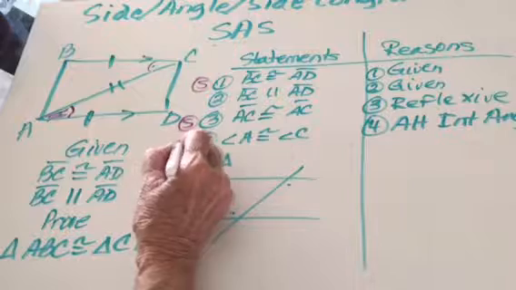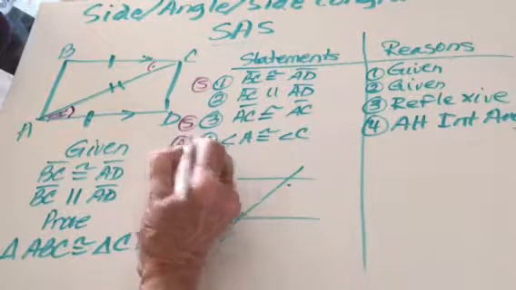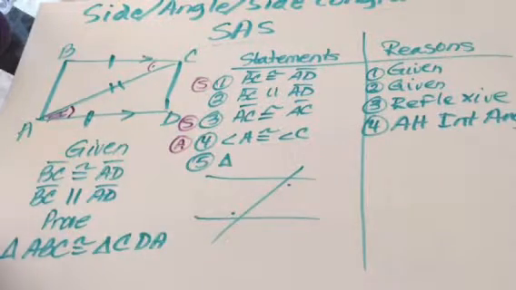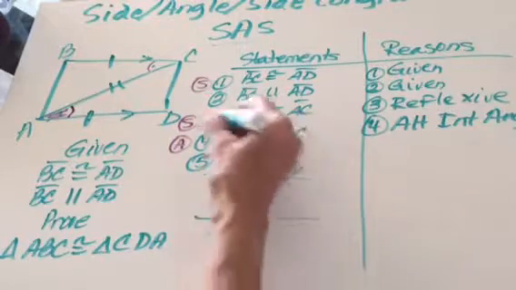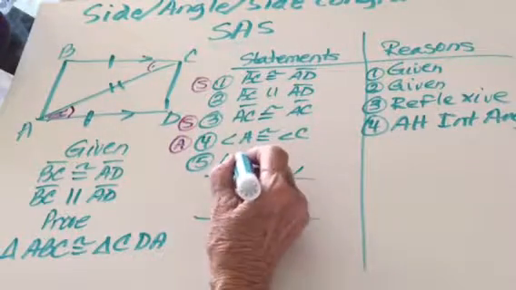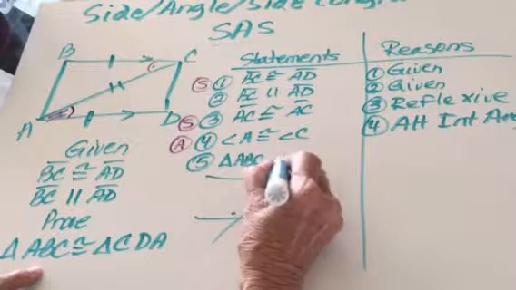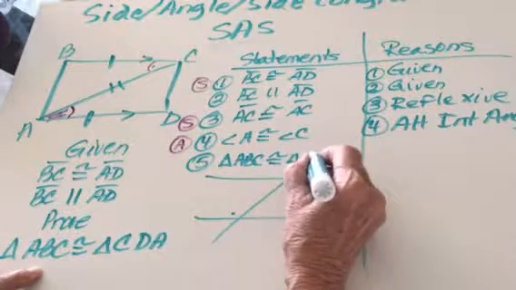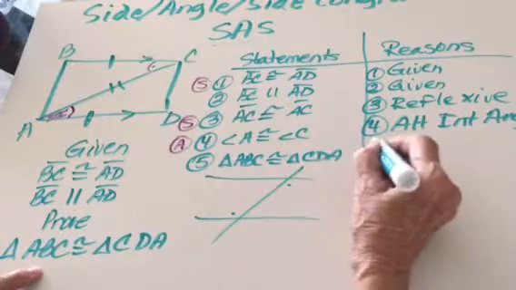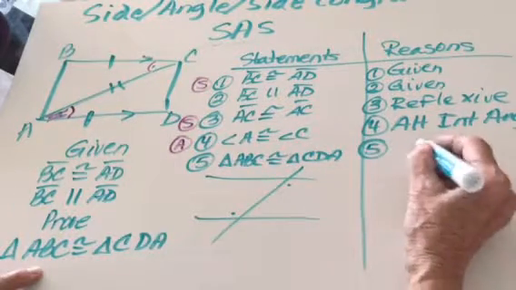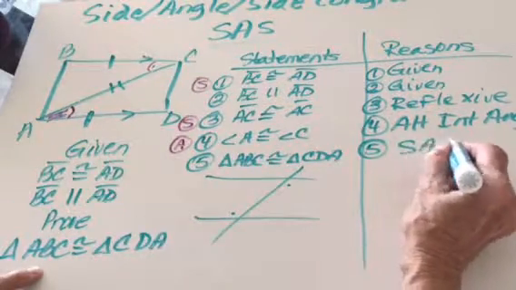And here, you're going to have A for angle. Okay, now I've got side angle side, so I can say triangle ABC is congruent to triangle CDA. Why? All you have to write is SAS.